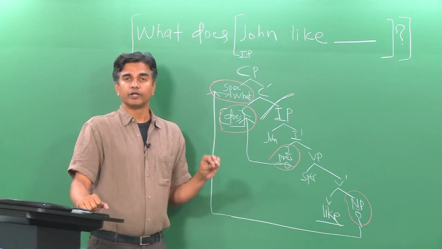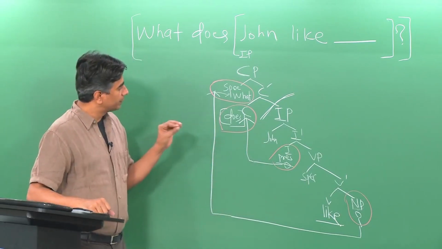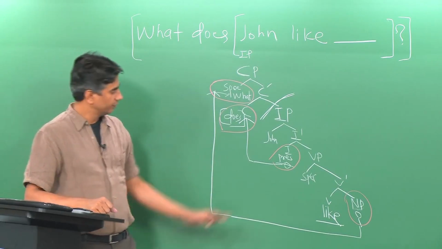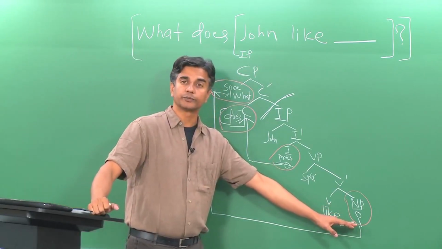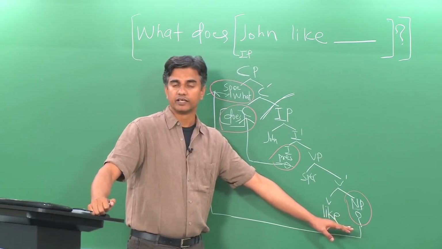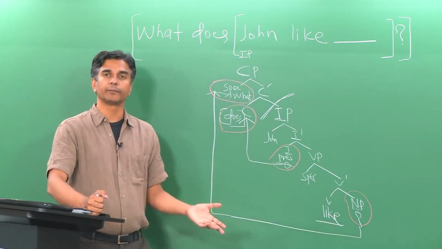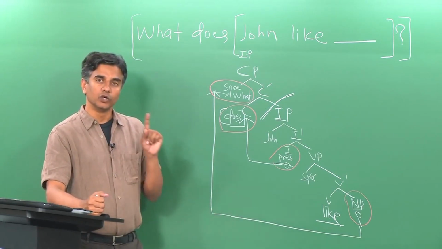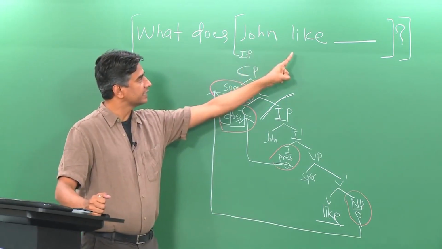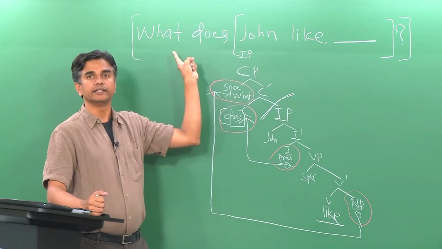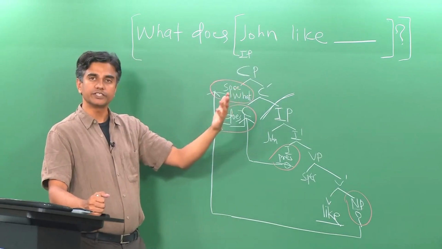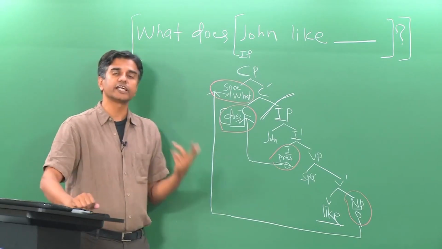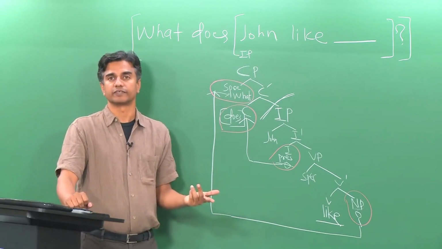At the same time, we have found the places where they could have possibly moved. Finding the elements that have moved was easy. Finding the place where they could have moved was a little bit difficult, because knowing the fact that these elements have moved out of IP, we needed to create more positions to capture this phenomenon of movement outside its domain, outside the domain of a sentence.